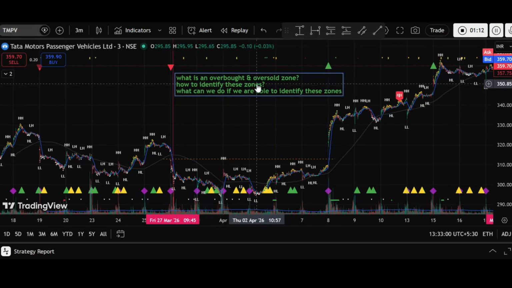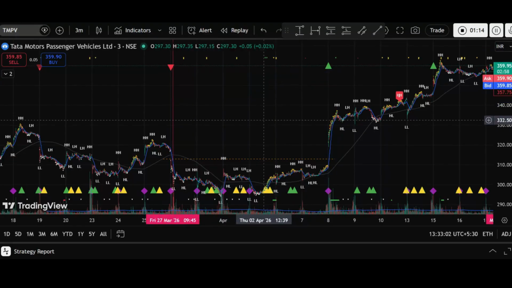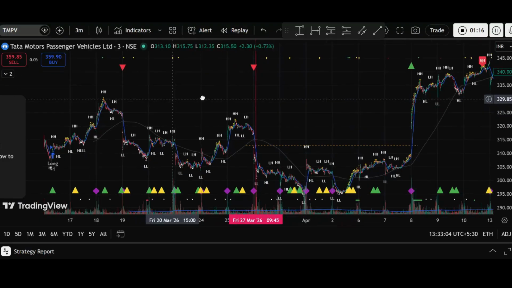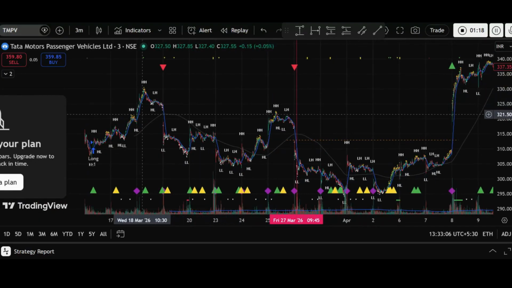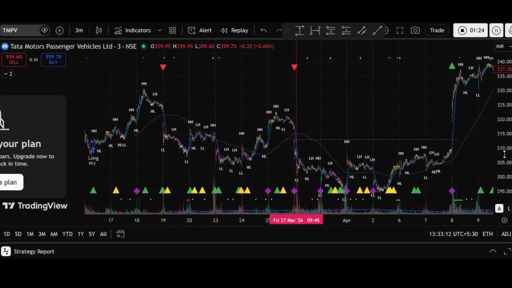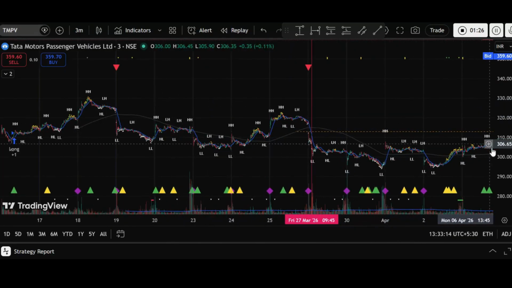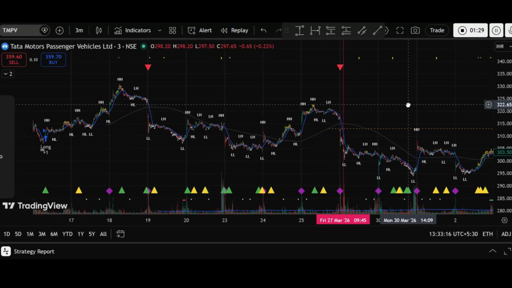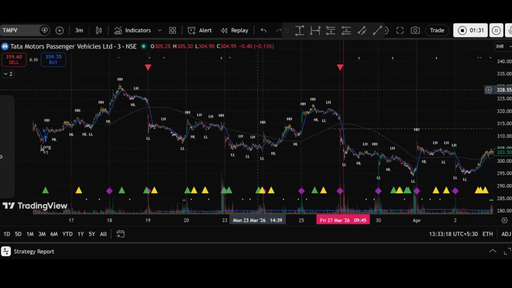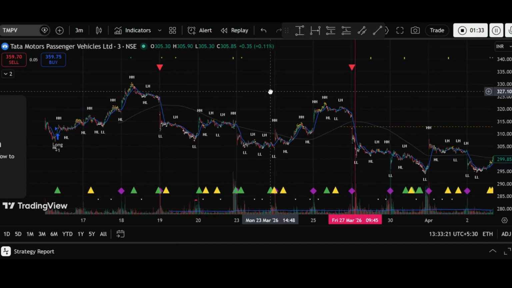Okay, so this is a basic learning video, and in front of you, you have the Tata Motors passenger vehicles 3 minute time frame chart, and you can see my custom indicator which I have very specifically designed for Nifty 50 stocks.